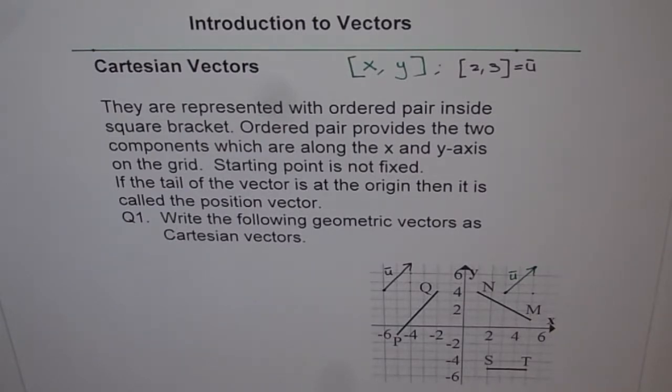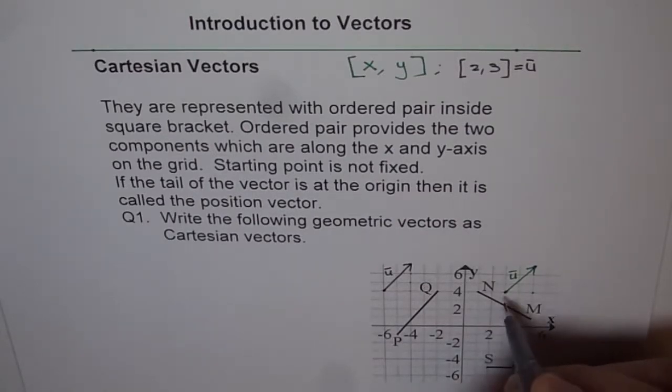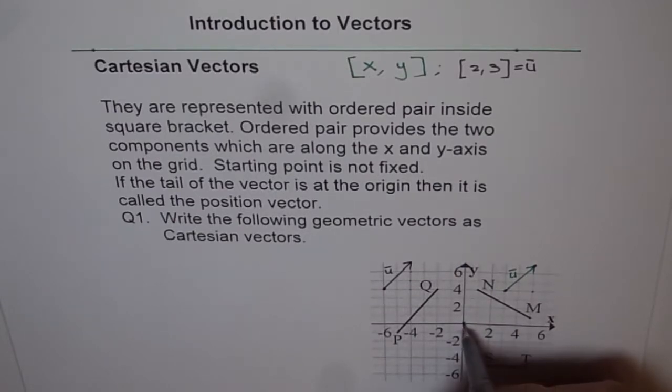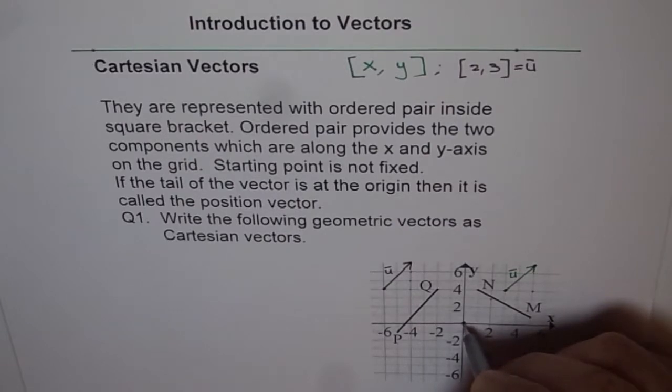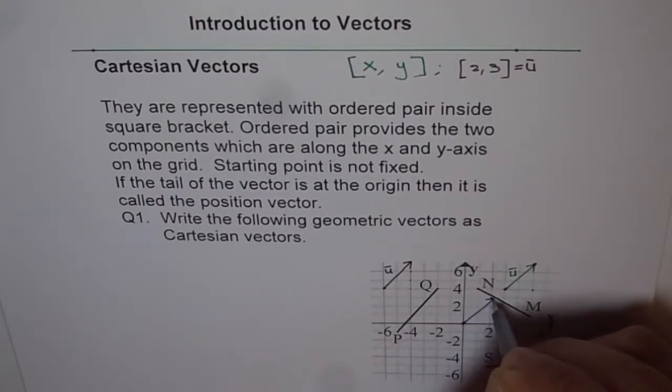One position, however, is very critical and has some special significance. It also helps in doing faster calculations. And that is if you place the tail right there at the origin. Here, if I do [2, 3], that is 2 and 1, 2, 3, that's it. So it becomes like this, [2, 3].